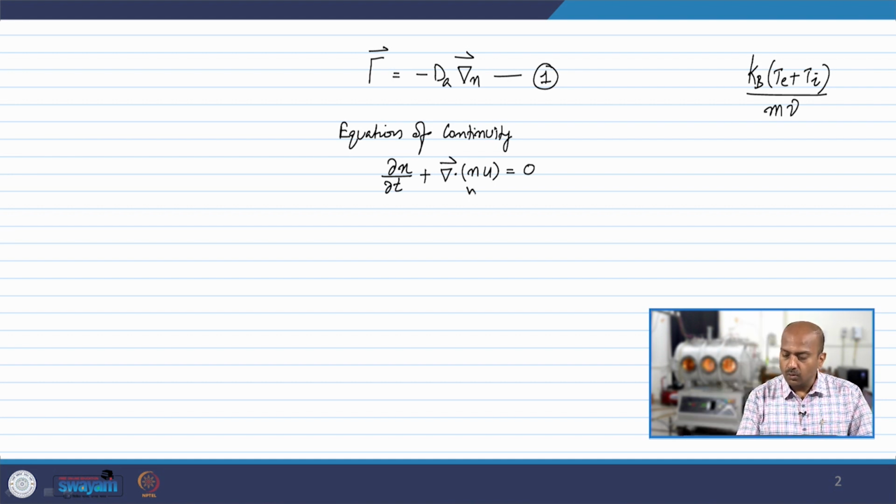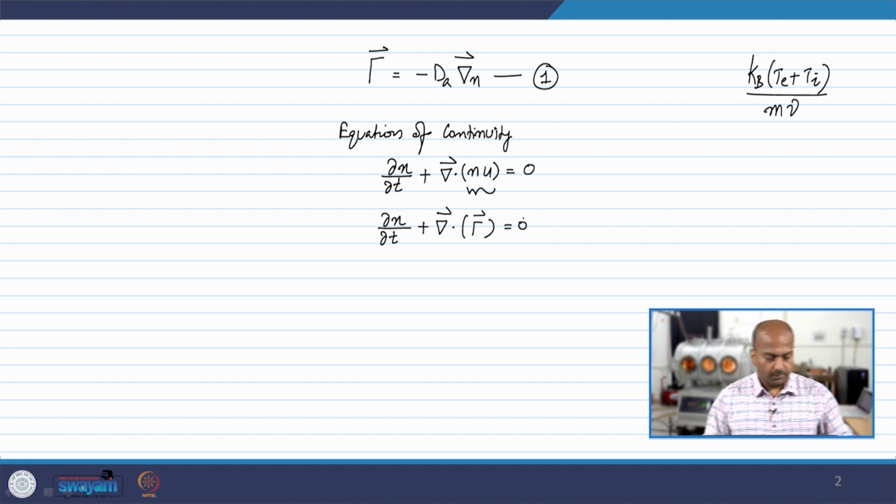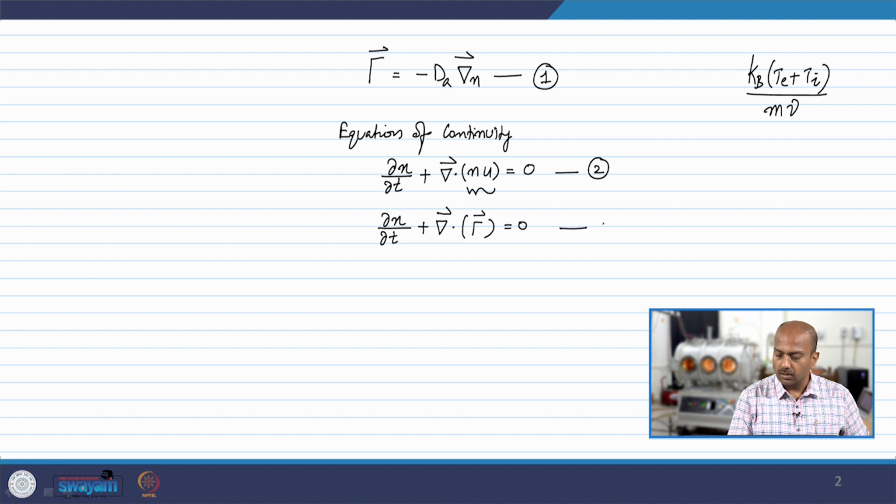So, this n u is actually the flux. We can rewrite this equation as dou n by dou t plus del dot gamma is equal to 0. Let us call this equation number 2 and this equation number 3.